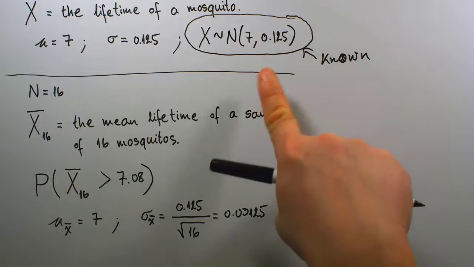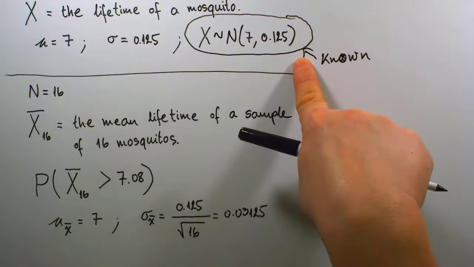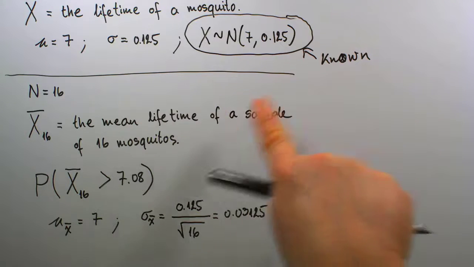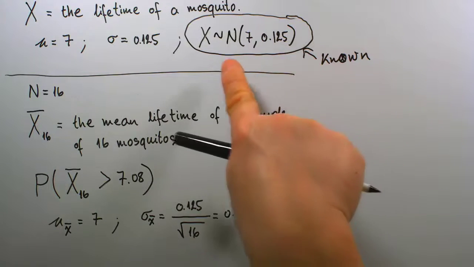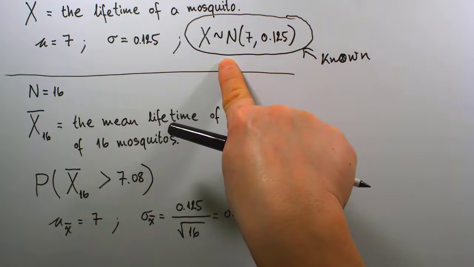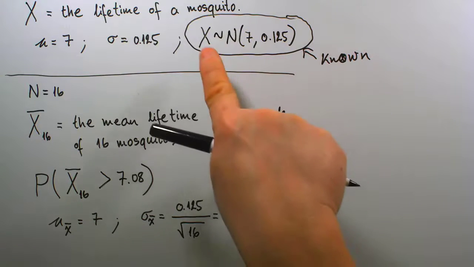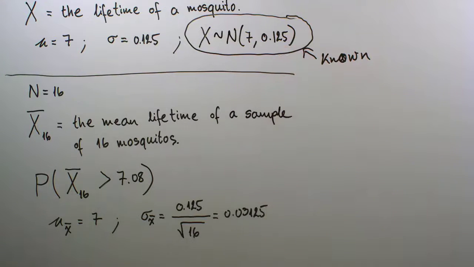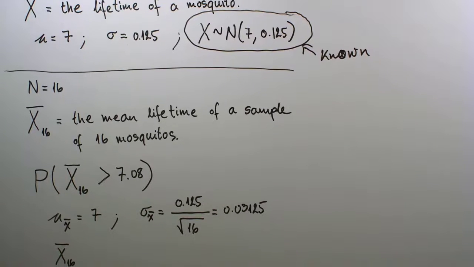Since our beginning population, where we picked samples from, is a normal distribution, or a bell curve, that automatically implies that this sampling distribution, understood as another separate population, will also be a bell curve.